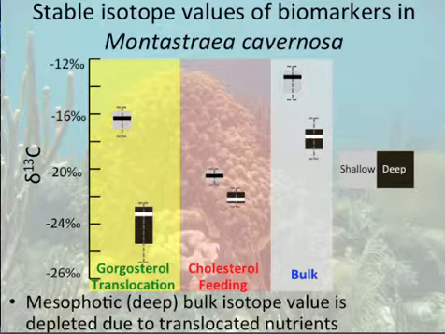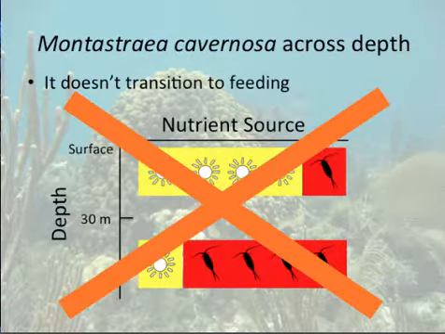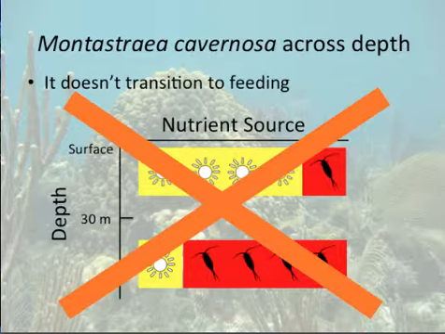So let's go back to what I mentioned earlier about the conventional wisdom. Montastraea cavernosa across depth does not transition to feeding for all of those reasons that I've just talked about. We expected to see a high signal from photosynthetic biomarkers in the surface or the shallow samples and not much signal from heterotrophic feeding.